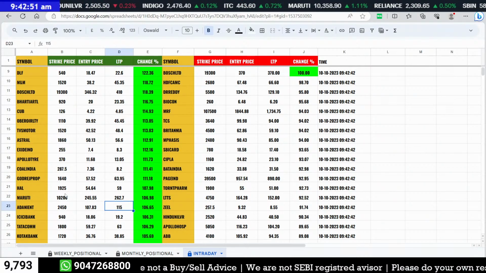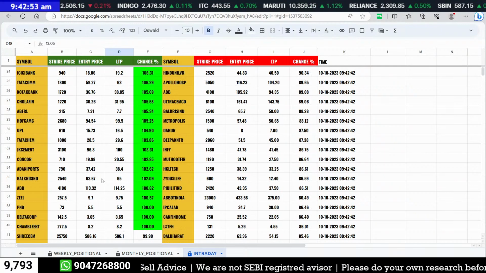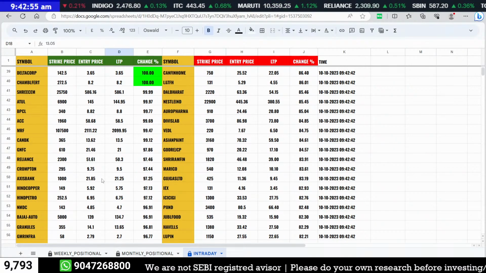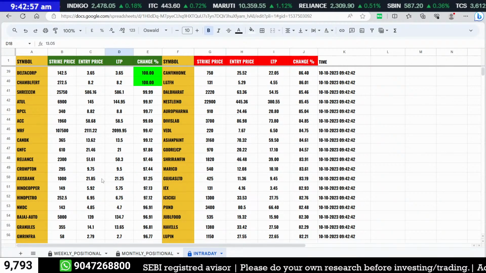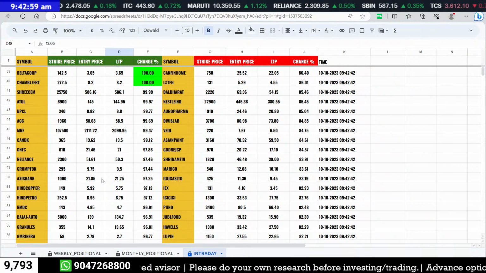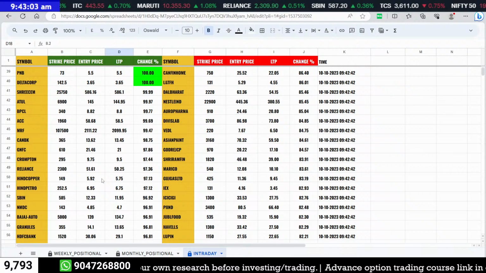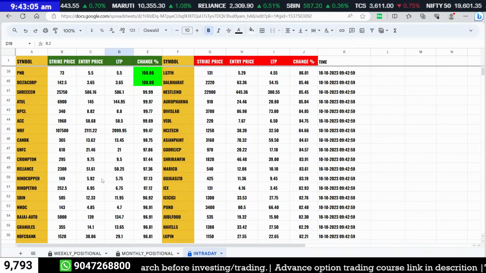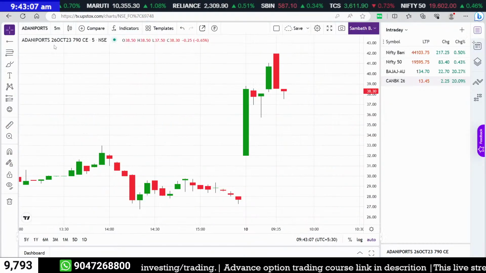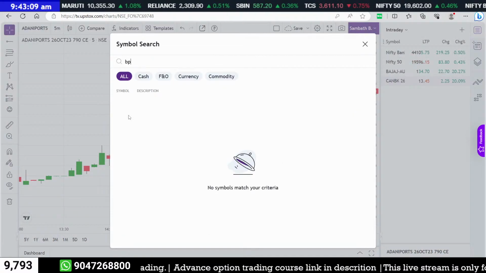Dhani and Blue Star are already slightly higher than our entry point. You need to find a fresh breakout. BPCL.